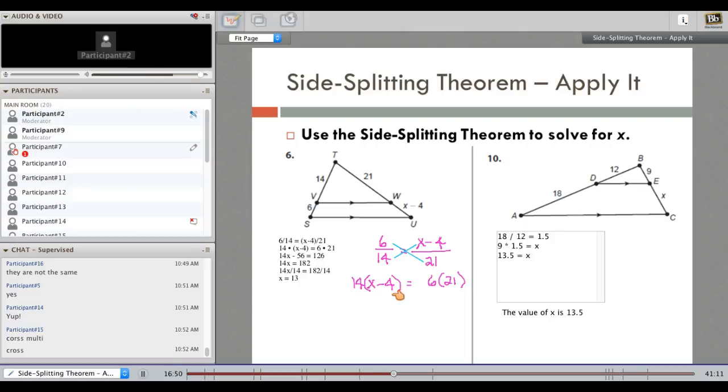Ben did that for us. How did he get from 14 times parentheses x minus 4? So he did a beautiful job of putting those parentheses in there. How did he get to 14x minus 56? Because I can tell you now, there's going to be a few of you that are going to mess up right here. This is a common place to forget. You're looking good. Type those answers in.